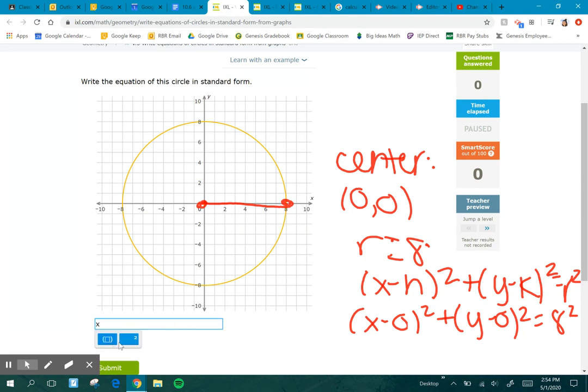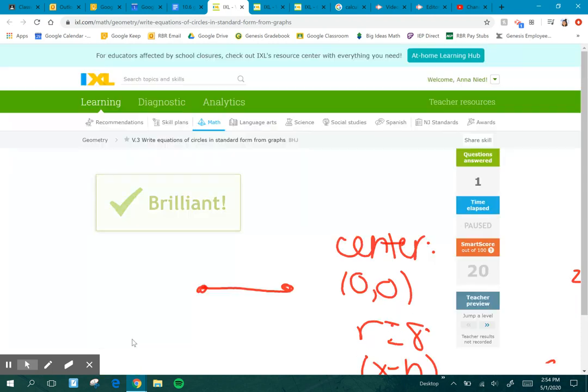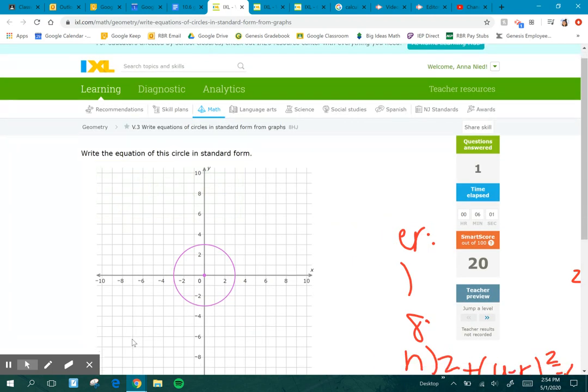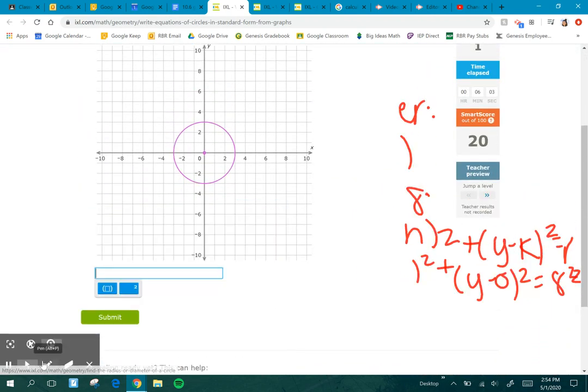They want you to simplify it even more. If you're adding or subtracting 0, you're not putting anything on it. 0 is nothing, right? So that's the same as x squared, always a plus sign in between, y squared equals, and then 8 times 8 gives me 64. All right? So that's how you would work through a question like this.